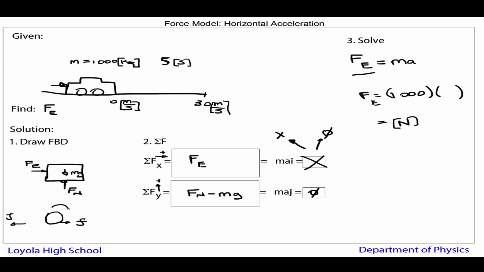As this wheel rotates clockwise, it pushes back on the ground. The force on the tire is forward. So this is tire on ground, this is ground on tire. Ultimately, it's that frictional force that moves it forward. Collectively, we just say it's the force of the engine acting, the forward force, to push it to the right. So there's an example of the force model with horizontal acceleration.